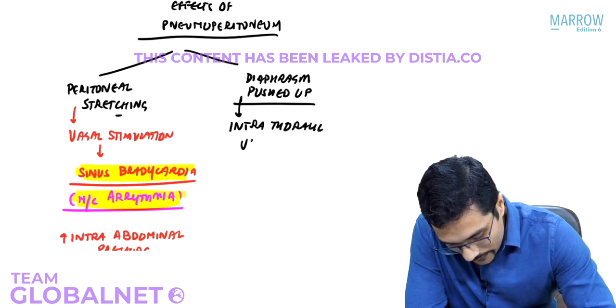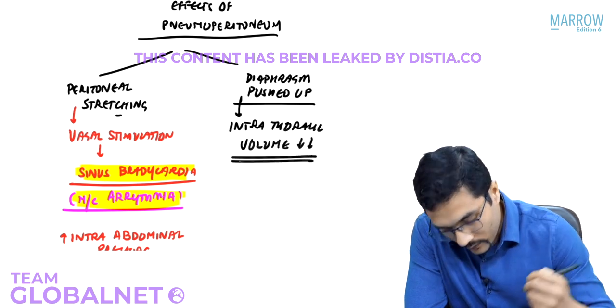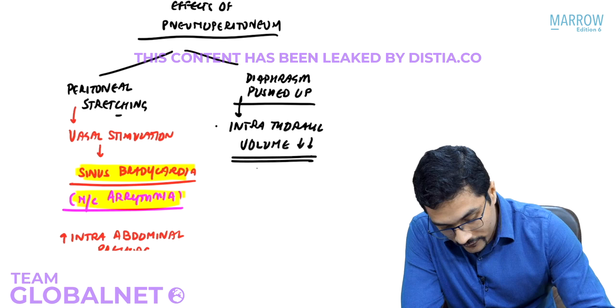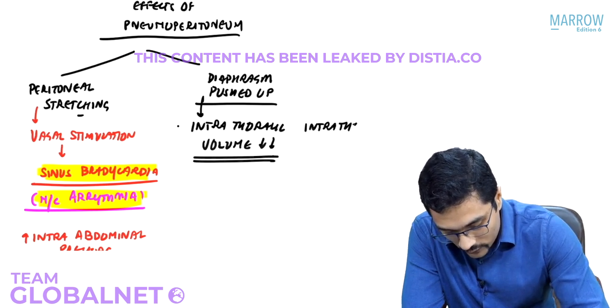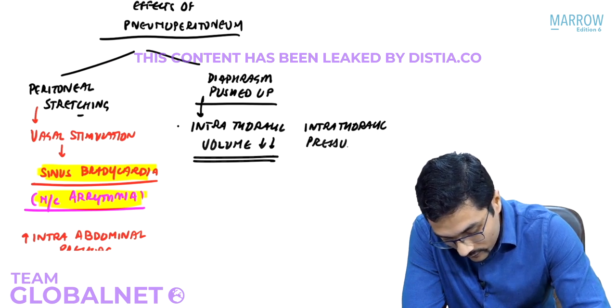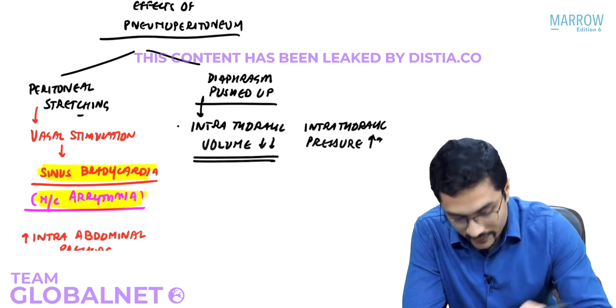The intrathoracic volume is going to go down, but the intrathoracic pressure is going to increase. Volume reduces, but the pressure increases.